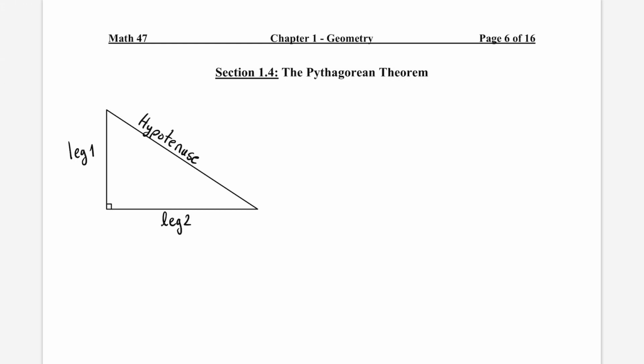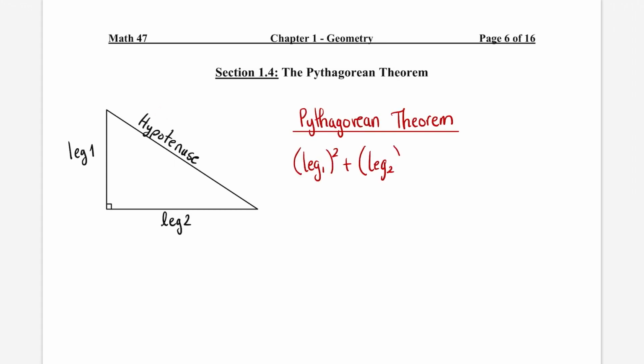The Pythagorean theorem says that leg 1 squared plus leg 2 squared equals the hypotenuse squared. So that is my Pythagorean theorem.